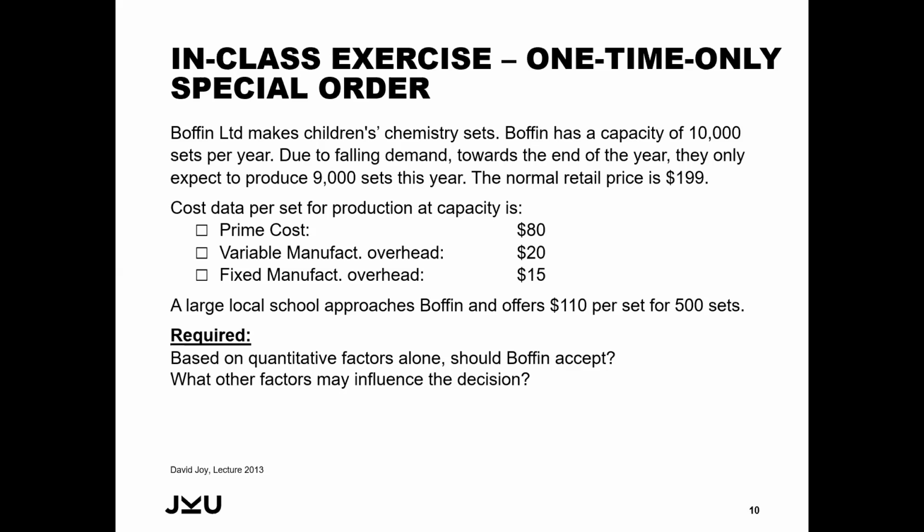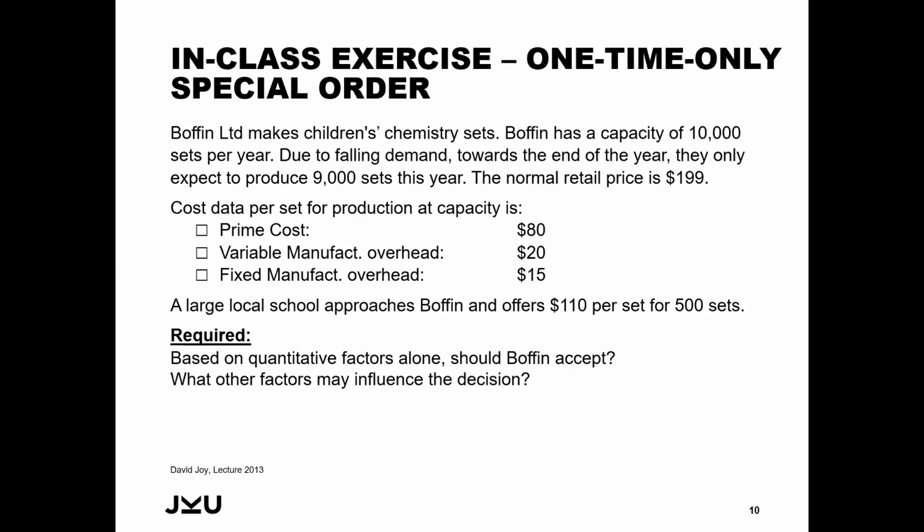The fixed costs need to be covered already, probably with the other 9,000 sets that we have already sold. Hopefully the break-even point is a bit lower. That would give us a contribution margin, or operating income, of $10 per set. Times 500 sets means we could earn $5,000 that we didn't have before.